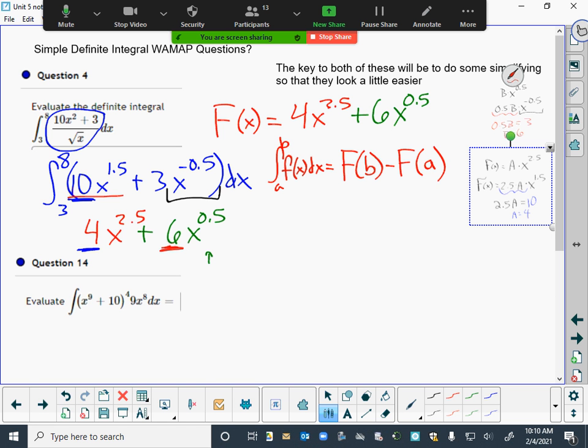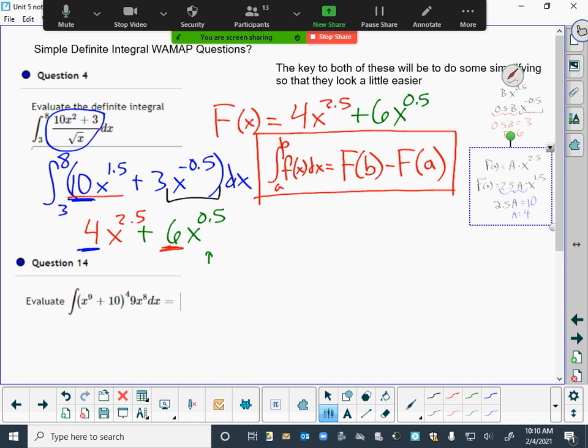So we've just found an antiderivative. There are an infinite number of antiderivatives, but the only difference is that they would be plus some constant, right? And what we discovered was that we can use any antiderivative, so why not use the one where the constant is 0? That's less stuff to write.